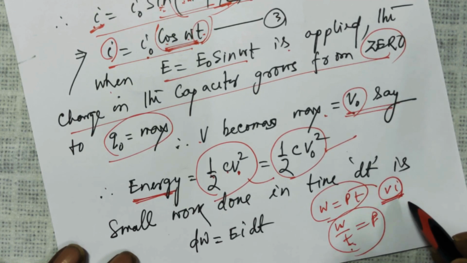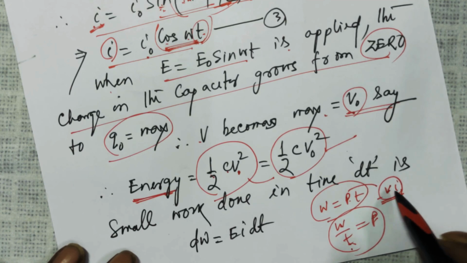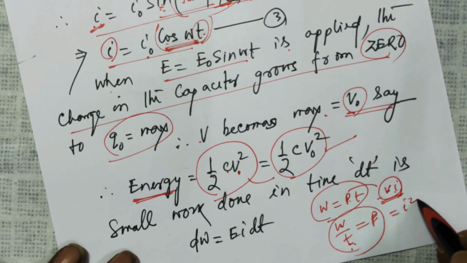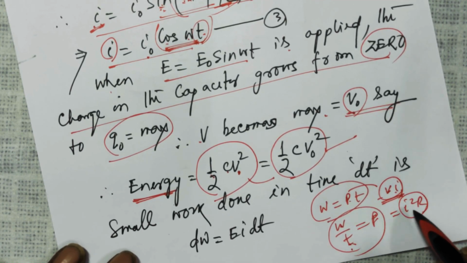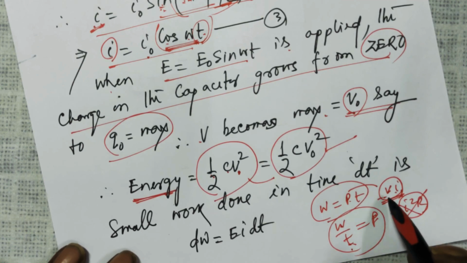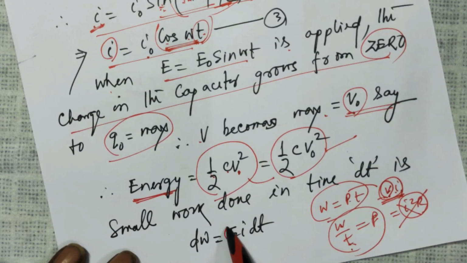There were three different expressions for this power. If you put V is equal to IR, I square R. There is no resistance here, therefore I am not utilizing this. So I am using the expression VI. And the maximum value of V is called E. So EI is the power.